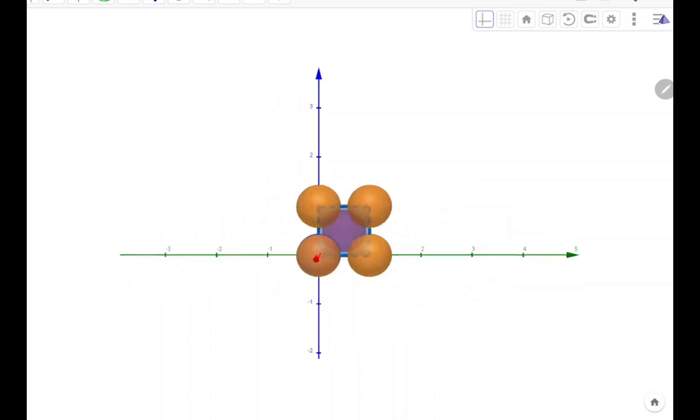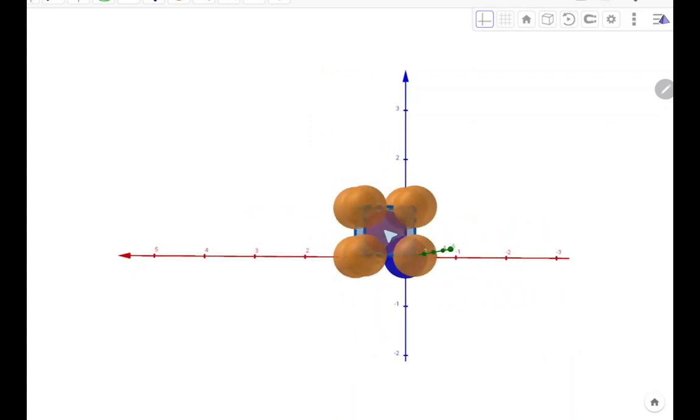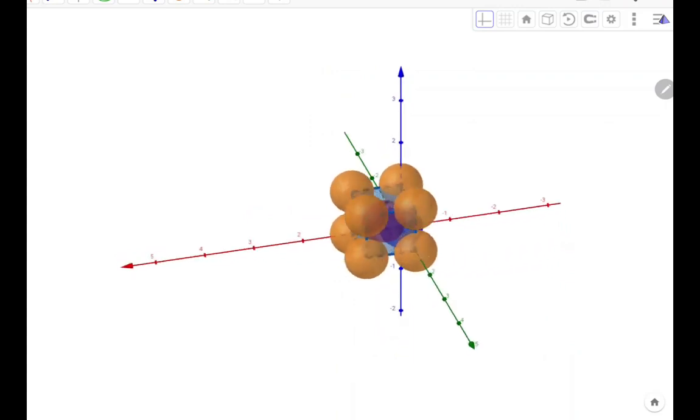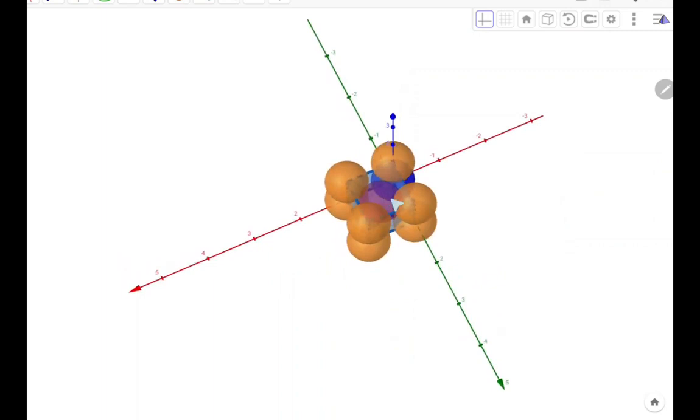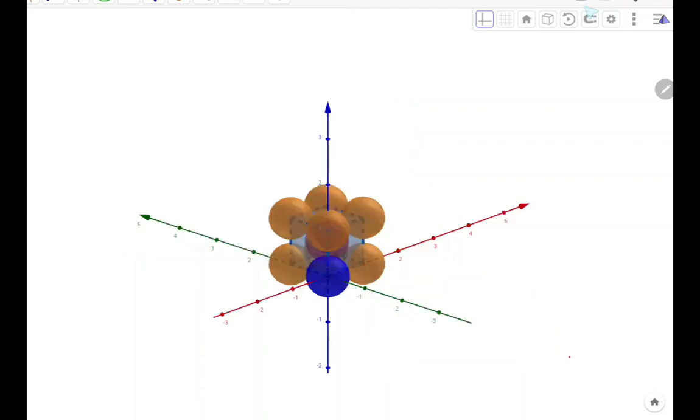Now let's find the first nearest neighbors for the BCC structure. If we pick the one in the middle, there are 4 atoms on the top, 1, 2, 3, 4, and 4 atoms on the bottom, 1, 2, 3, 4. So the coordination number, or the first nearest neighbors, for the BCC crystal is equal to 8.